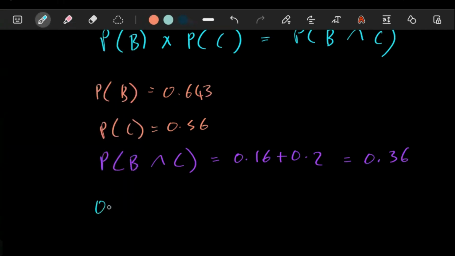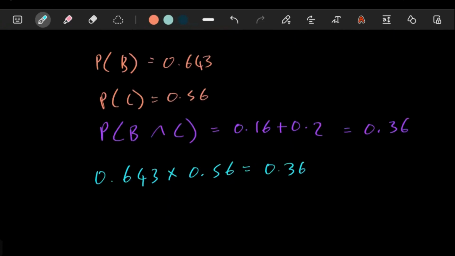0.643 multiplied by 0.56. Let's see. If it doesn't give us this value, then it means that these events are not independent. This is giving us 0.36. I guess they are independent. If you round it off to two decimal places, yes, these events are independent.